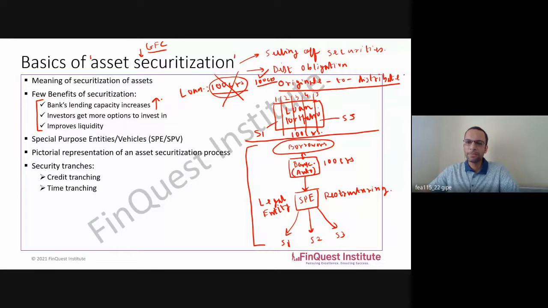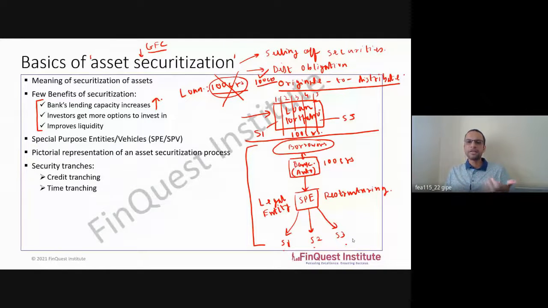So imagine that the loaf of bread of 100 crores is being transferred to the SPE. Now the activity of slicing this loaf into individual bread slices, that is something which the SPE is going to do for me. So SPE through the restructuring is going to create securities S1, S2, S3. Imagine these are my three slices of bread. Or broadly, you can imagine these are the three classes of slices which I'm offering.